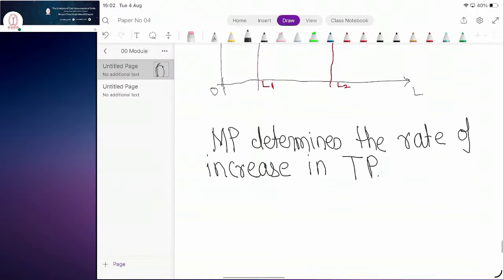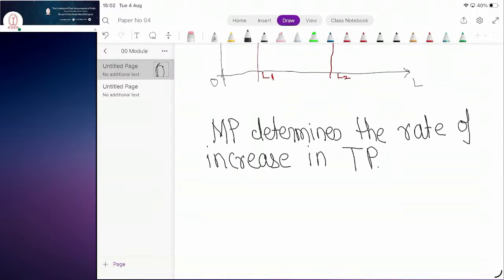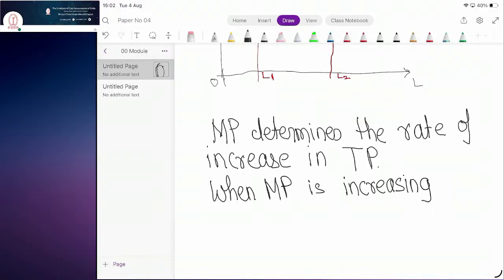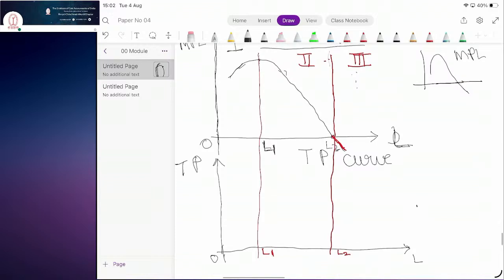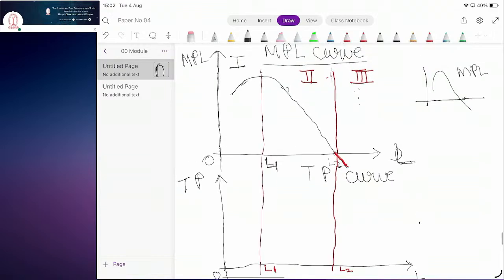Okay, now write this: when marginal product is increasing, look at this region, till L1 marginal product is increasing.